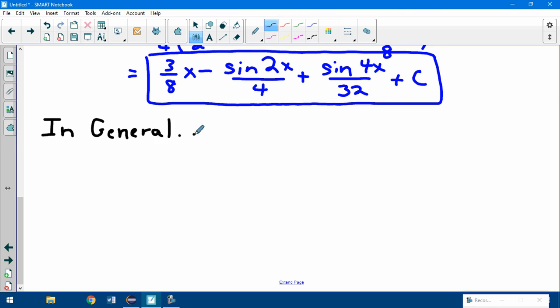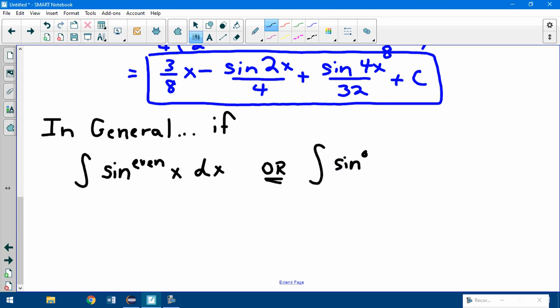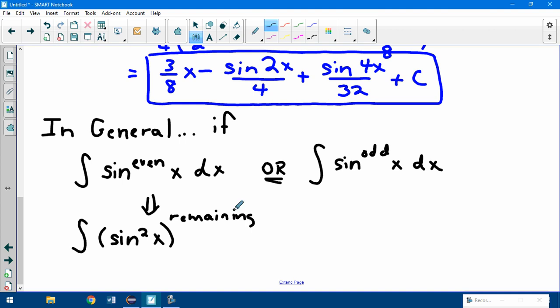Today in general, if you have the integral of sine to an even power of x dx, or if you have the integral of cosine to an even power of x dx, you're going to want to change that into the integral of sine squared of x to whatever the remaining power is, dx.